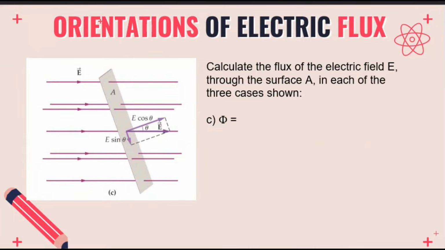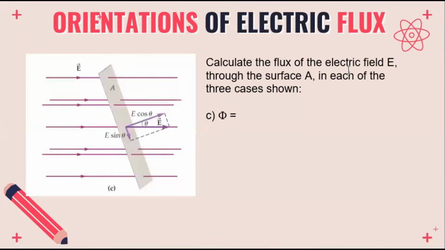And then last, this orientation. So we have here our third orientation where our surface is slightly slanted in comparison with our first diagram. Calculate the electric flux of the electric field E through a surface A in each of the three cases shown.